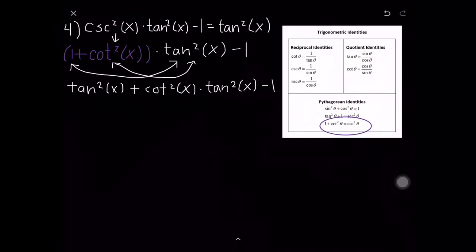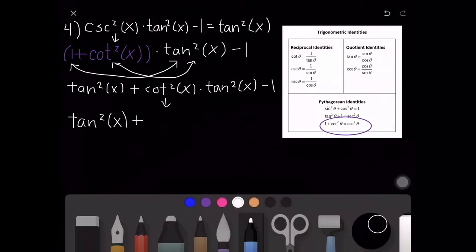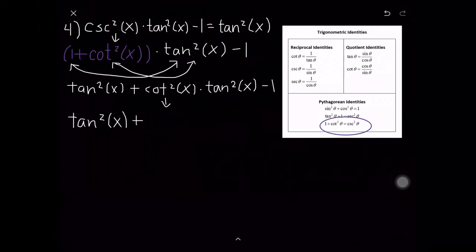So what we're going to do now is replace the squared cotangent of x and the squared tangent of x with cosine and sine. Remember that cotangent of x equals cosine of x over sine of x, which means that squared cotangent of x equals squared cosine of x over squared sine of x.